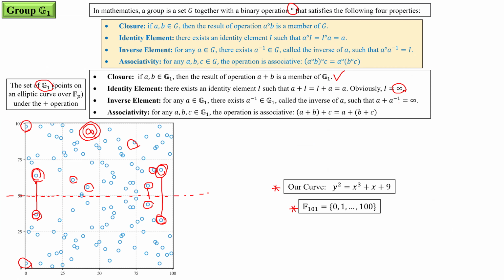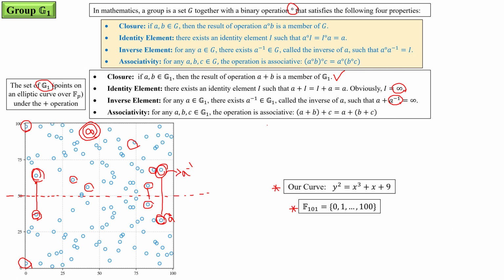So we say that there is an inverse element in the set. For instance, if A is this one, then this one would be the inverse of A. So the inverse of each point in this set is the reflection of the point over the drawn line.